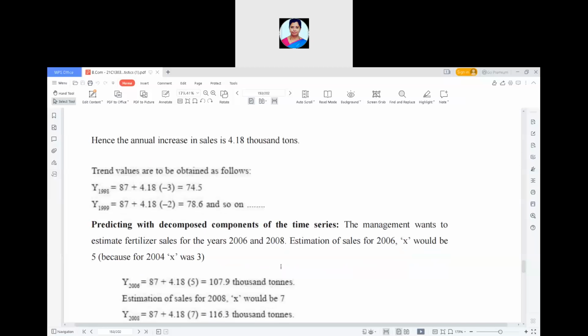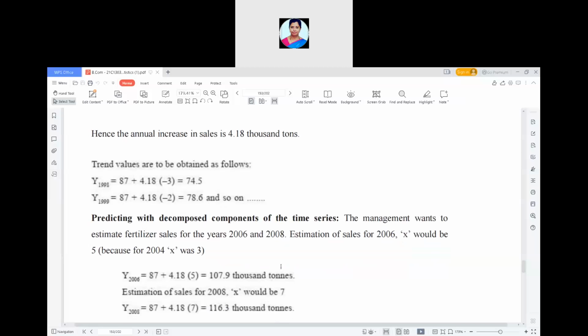So for 2004 it was 3. So for 2006, how we are calculating: 87 plus 4.18 into 5. So it is 107.9 thousand tons.